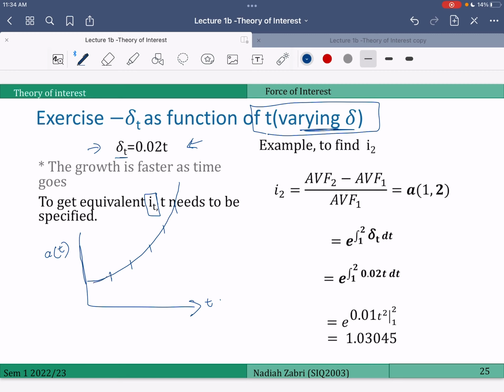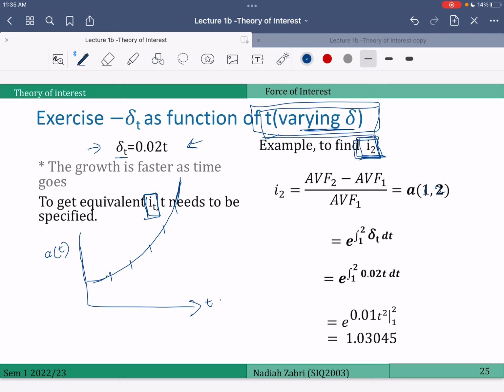Like this one is less steep compared to this period, which is more steep, right? So when you want to find the equivalent I in a varying delta environment, you need to specify which period you are talking about. Let's say you are asked to find the equivalent interest rate in the second year. The second year is between time 1 to time 2.